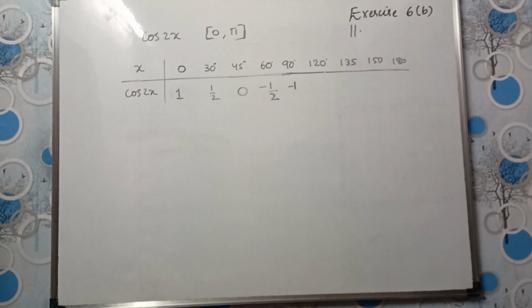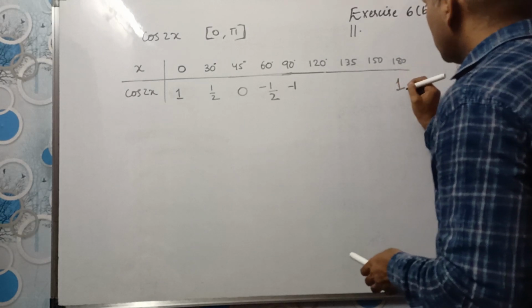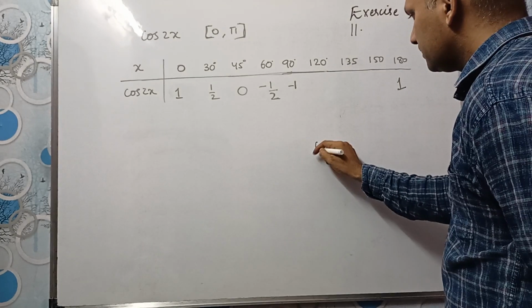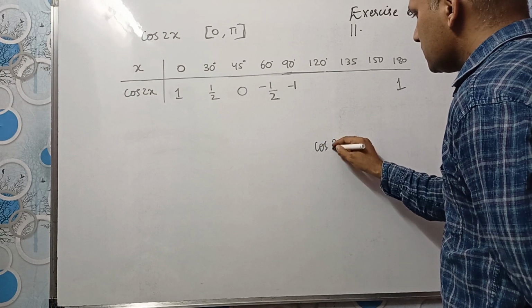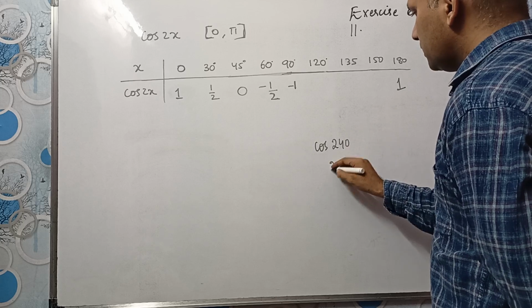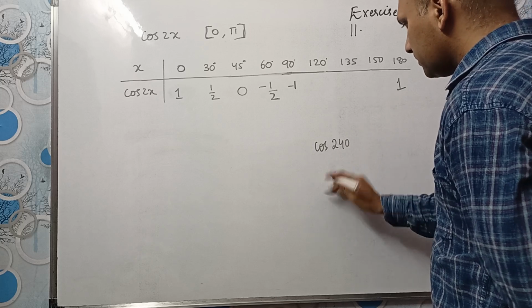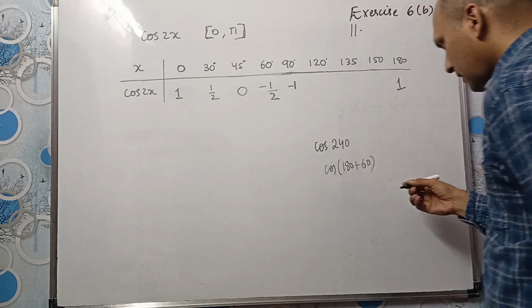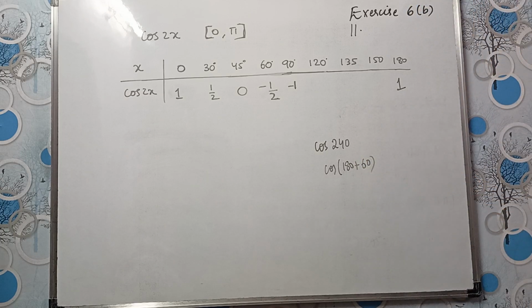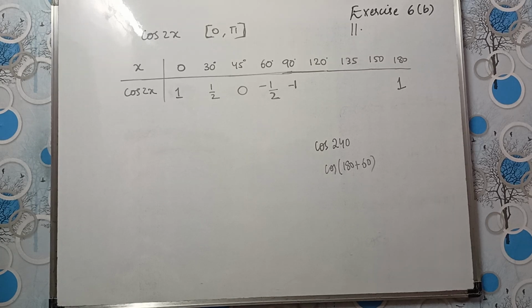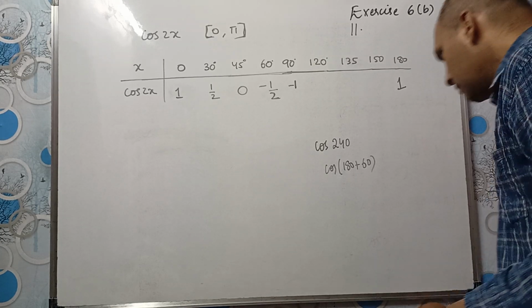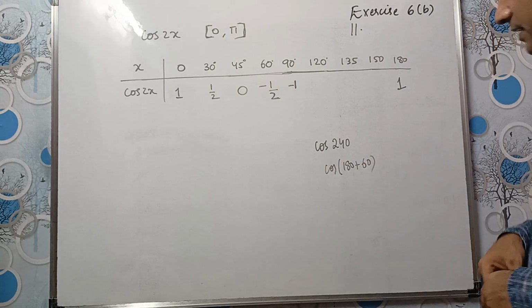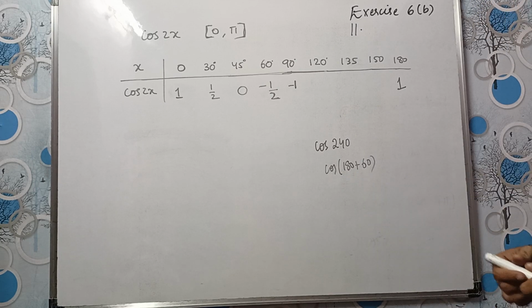So 180 will be equal to 1, and 120, this is how much now? 240, right? 240 is same as cos 180 plus 60. I'll fill ink in this. I'll pause the video. See, cos 240 we can write it as cos 180 plus 60, right?